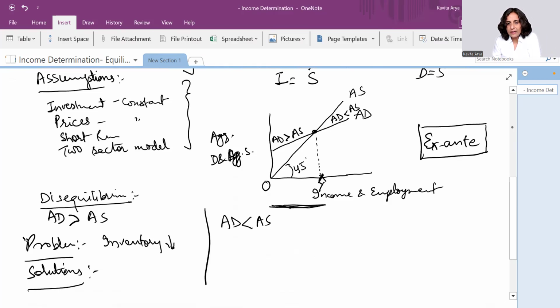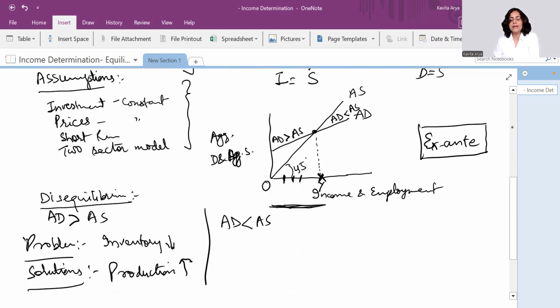We are to attain this point of Y, and we are somewhere before Y. So what is the solution? We should go for more and more production. Here the solution is production should increase. If production increases, the expected level of inventory would be achieved and AD will be equal to AS eventually and equilibrium will be attained.